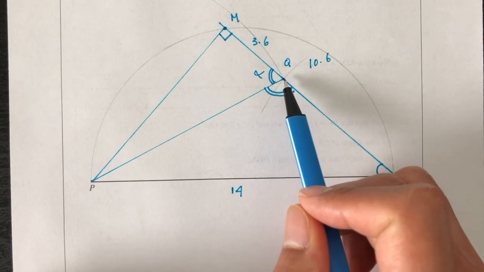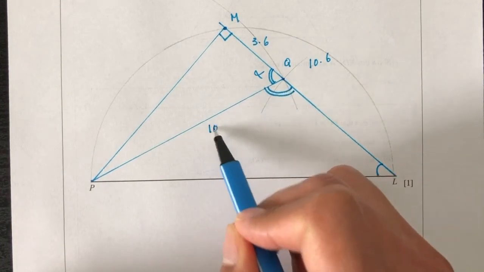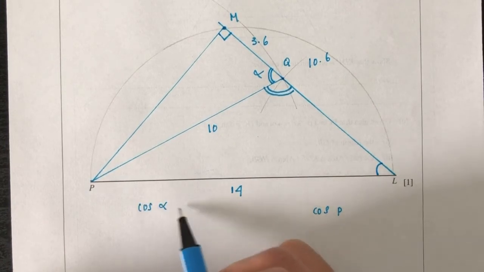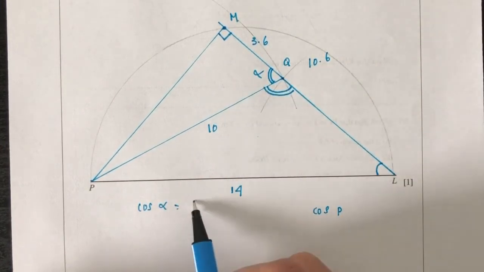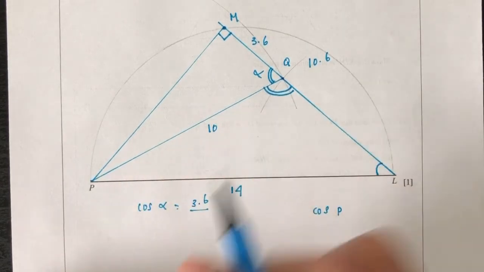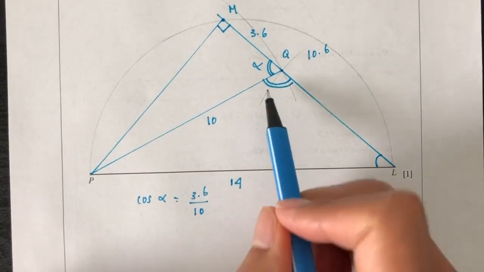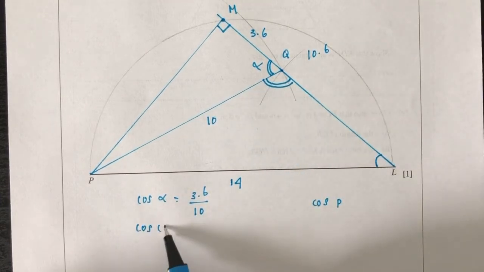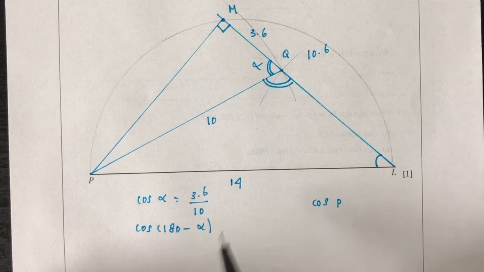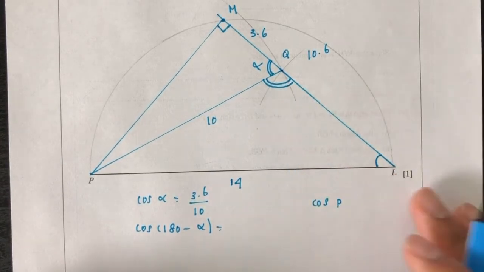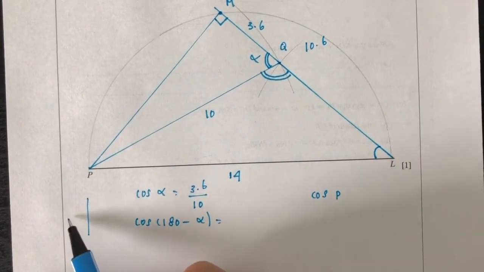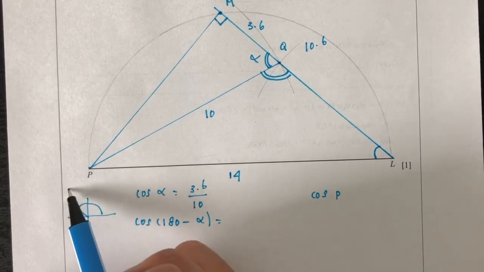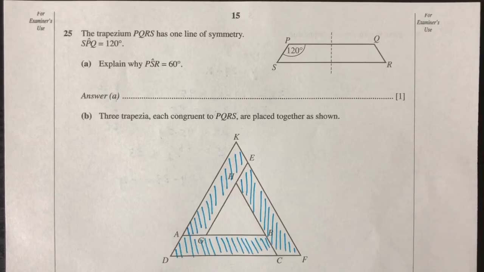This one is given to us as PQ is 10. So very easy. To find cos of alpha, we take the adjacent side divided by the hypotenuse, right? But now how do you find the cos of this angle? It will be cos of 180 minus alpha, right? As you know from the quadrants, for an angle in this region, cos will be negative.